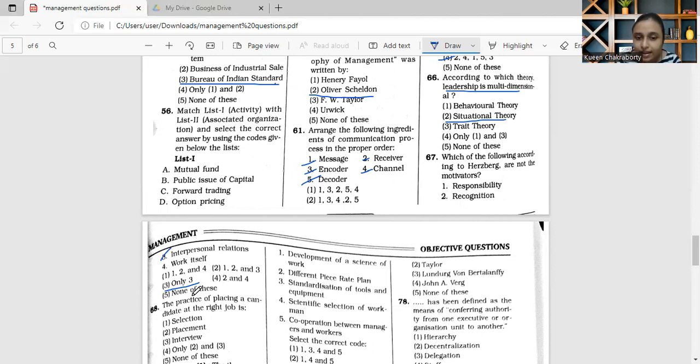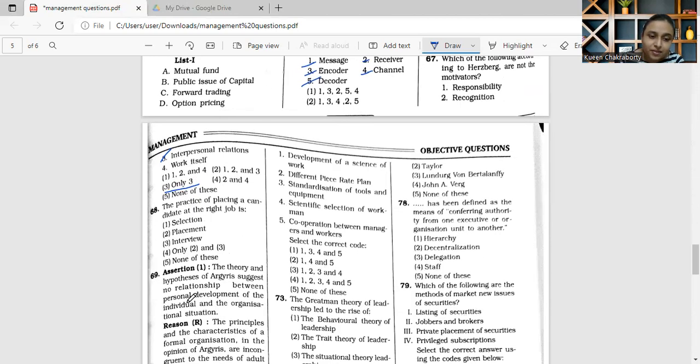Next, moving on to question number 68. The practice of placing a candidate at the right job is: selection, placement, interview, only 2 and 3, or none of this. Recruitment is the process of generating a pool of candidates by reaching the right audience suitably to fill the vacancy.